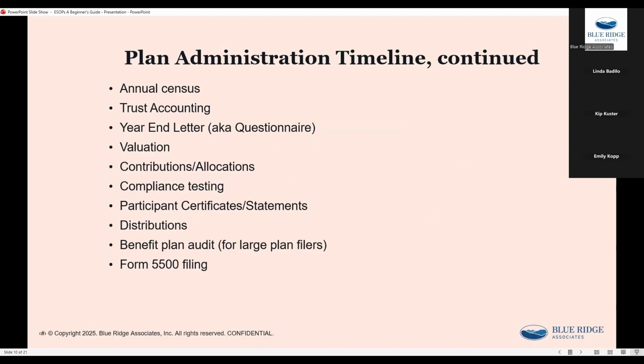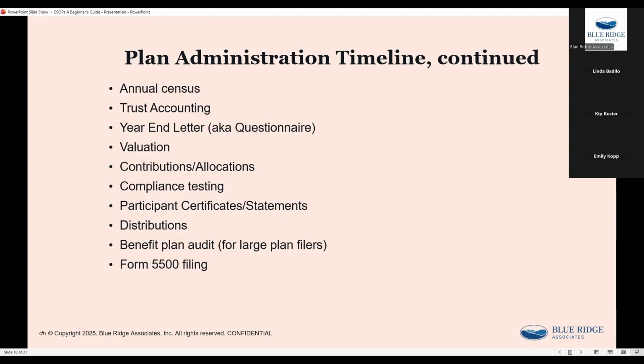So the first initial steps is really just data collection, and that's going to be happening on our end. We'll be collecting initial data from the company really early on in the plan year that we're doing the administration work.